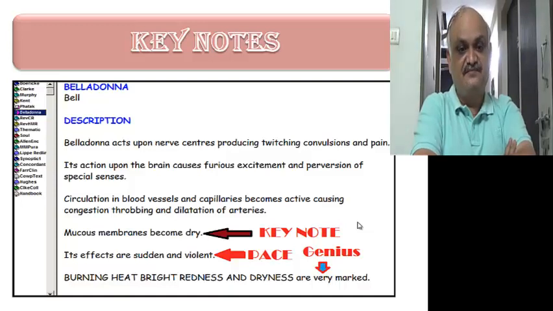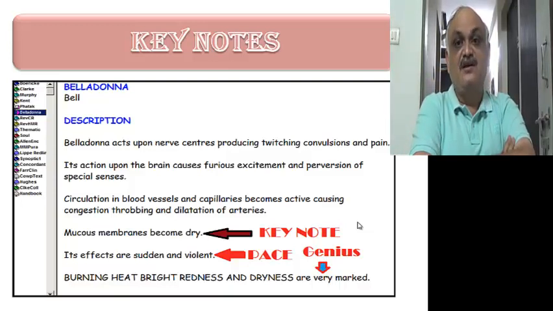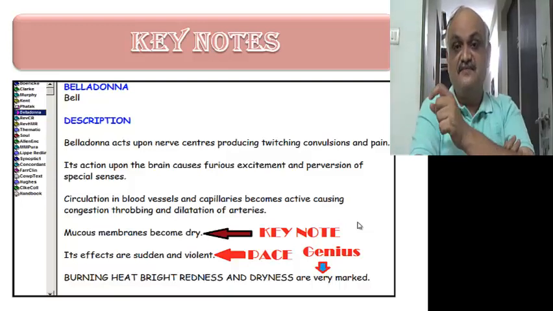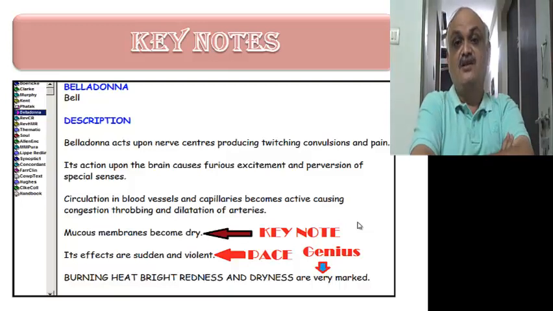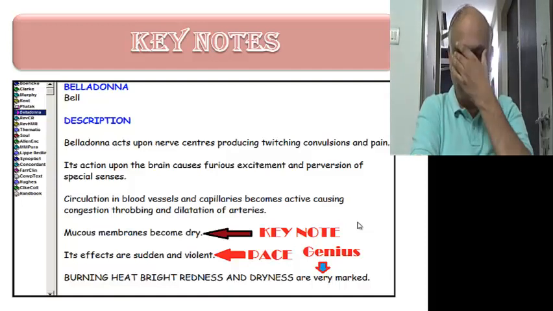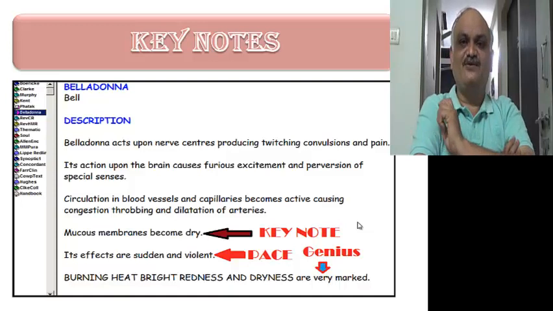Now let's talk about the keynotes. Several peculiar symptoms, very specific, are there in each and every medicine. We call them keynotes. Here we have Belladonna from Phatak's Materia Medica, and here mucous membranes become dry. So just simply, mouth, eyes, nose or internal organs become dry. This is the keynote of Belladonna.